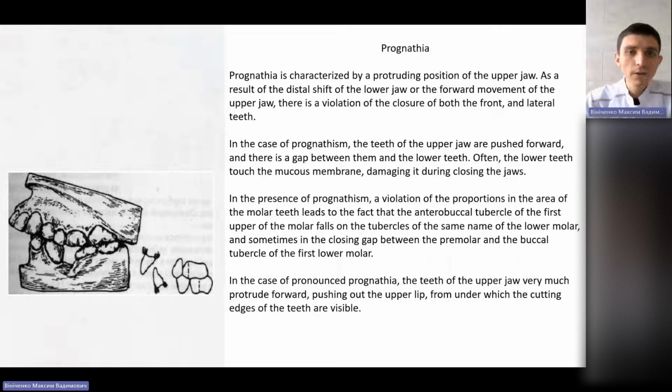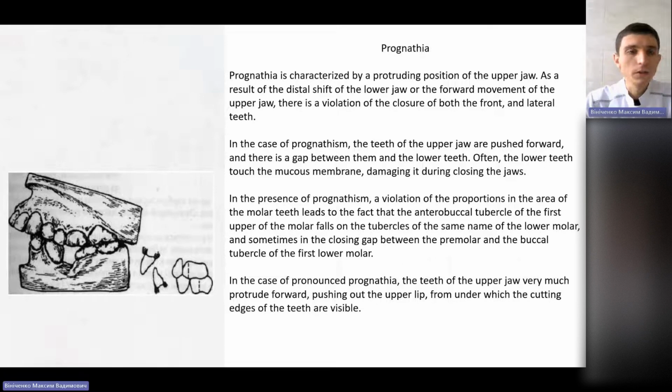In the presence of prognathism, a violation of the proportions in the area of the molar teeth leads to the fact that the anterobuccal tubercle of the first upper molar falls on the tubercles of the same name on the lower molar, and sometimes in the closing gap between the premolar and the buccal tubercle of the first lower molar. Later we'll talk about this classification. It's called the Angle classification.